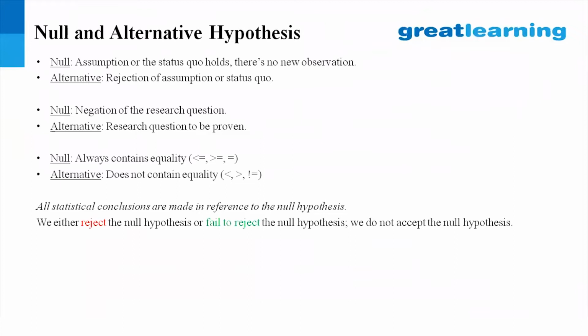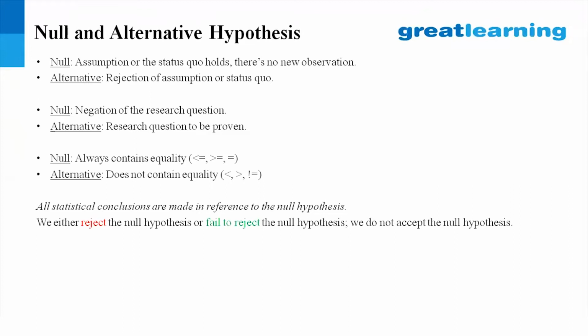So if the null hypothesis does not hold true, you say that you have rejected the null hypothesis. But if what you're testing with the null hypothesis holds true, in that case you do not say that you have accepted the null hypothesis. You say that you fail to reject the null hypothesis.